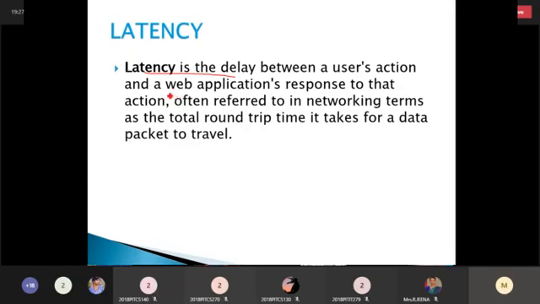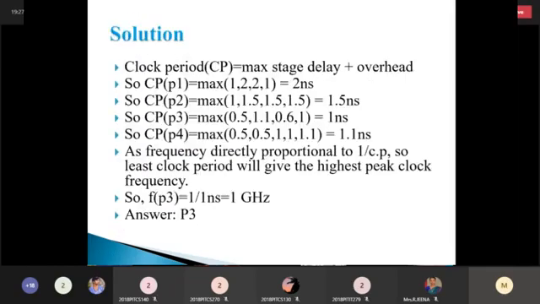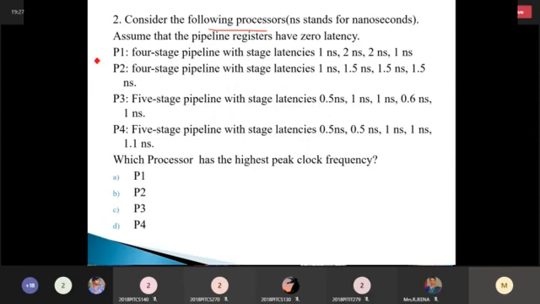Okay. So see here for this question, where P1 is a 4-stage pipeline with stage latency 1 nanosecond, 2 nanoseconds, 2 nanoseconds, 1 nanosecond. And P2 is a 4-stage pipeline with stage latency 1 nanosecond, 1.5, 1.5, 1.5.